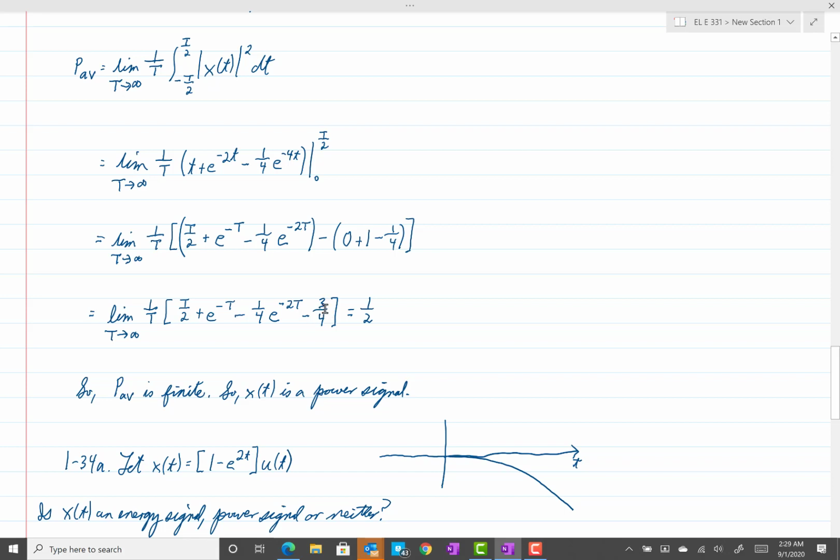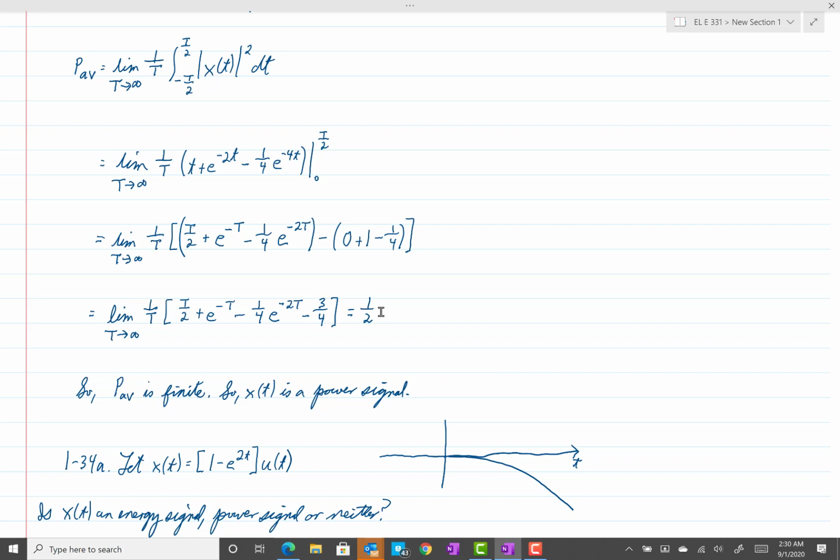Minus 3/4 doesn't change as T goes to infinity, but we do have this T in the denominator, so that's minus 3 over 4T, and so that as well will go to 0. So the only thing that's not going to 0 here is the 1 over T times T over 2, which is equal to 1/2. And therefore, this complete expression is simply equal to 1/2.